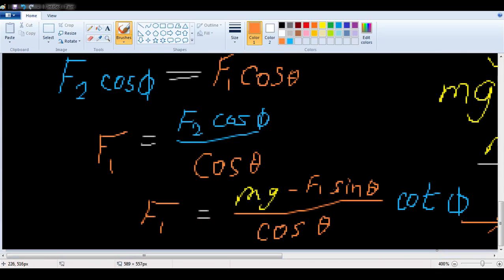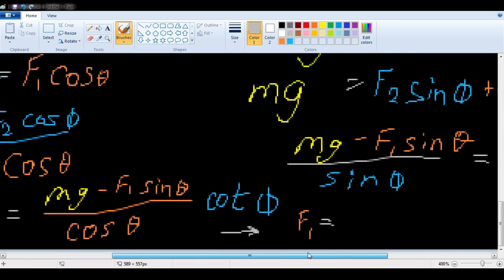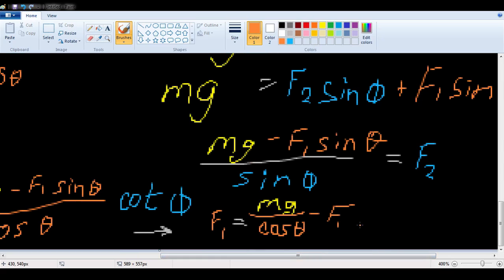If we simplify this further, we're going to get f1 equals mg over cosine theta, because that term is still here, minus f1 times a tangent of theta.